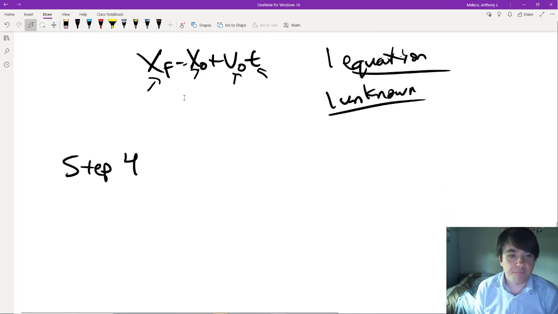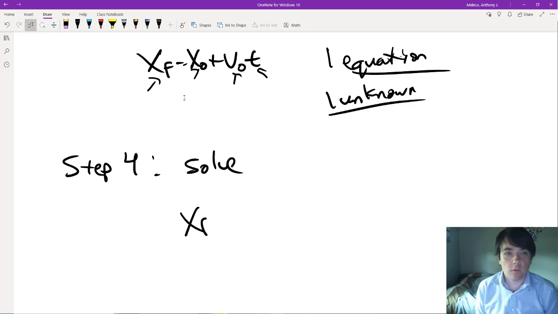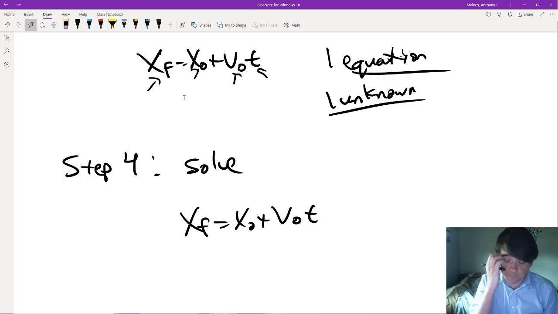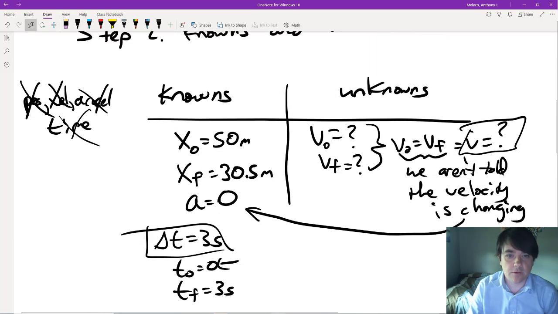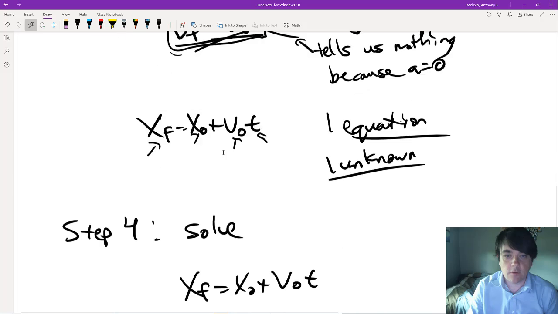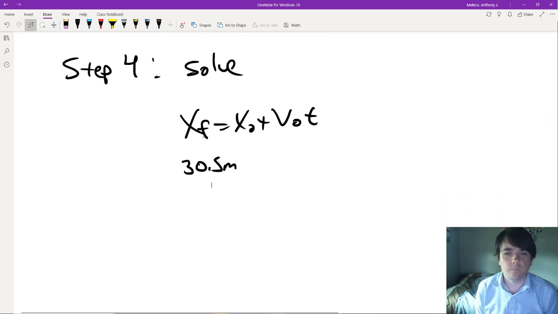So let's move on to step 4, solve. Okay, so x final equals x initial plus v naught t. X final was 30.5 meters. If you look back at our known and unknown table here, 30.5. X initial was 50 meters?